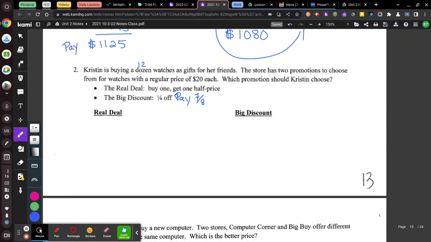So if we need 12 watches, we need to buy 6 full price, and then 6 are going to be half price. So we got 6 times normal price, which is $20. And what's half of $20? $10. So we're going to get 6 that are half price. So 6 that'll be $10.